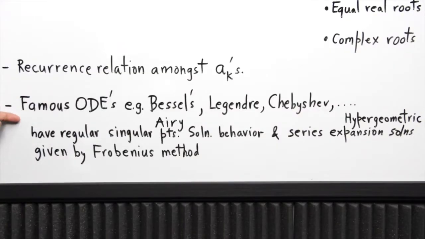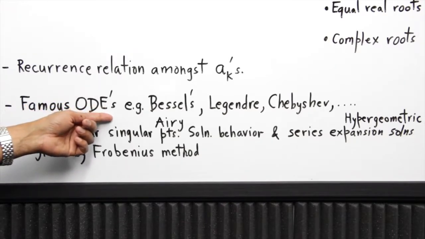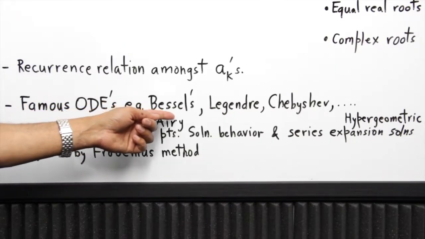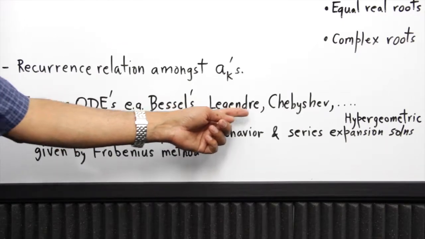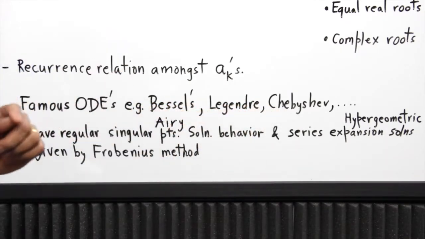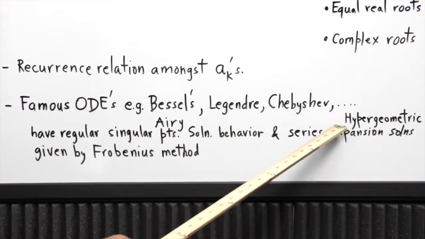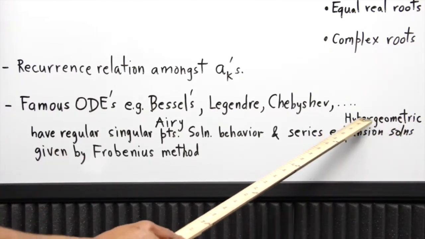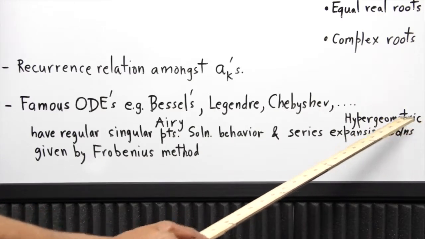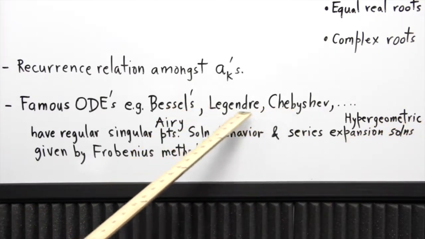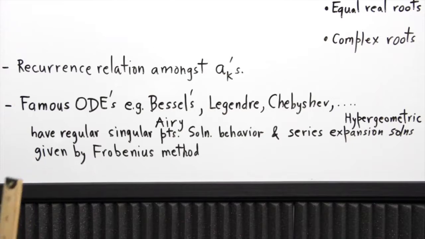And so we want to note that famous ordinary differential equations that we have encountered before, such as Bessel's equation, or the Legendre equation, or the Chebyshev equation, or the Airy equation, or a broad class of equations which are called hypergeometric equations. Special cases of hypergeometric equations become these particular equations that we have referred to before.